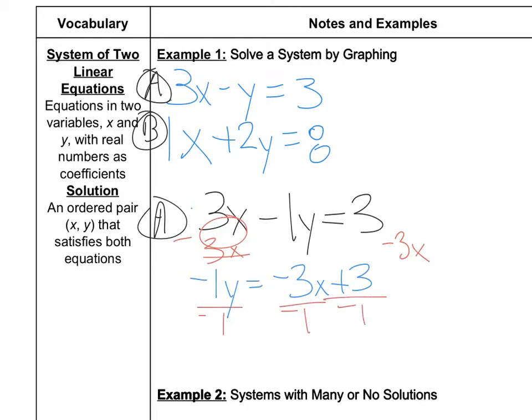We divide everything by that negative 1. And so now equation A is y equals a positive 3x, the two negatives make a positive there, minus 3. Now, you should be thinking, yeah, this looks like it's in slope-intercept form, okay? That's what you need to do here, okay?